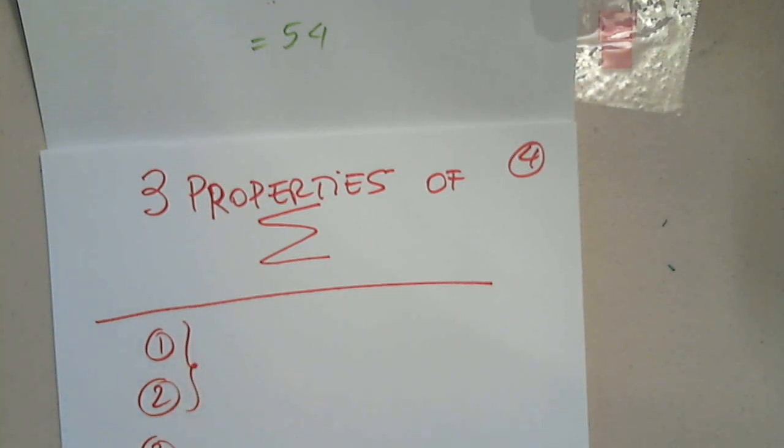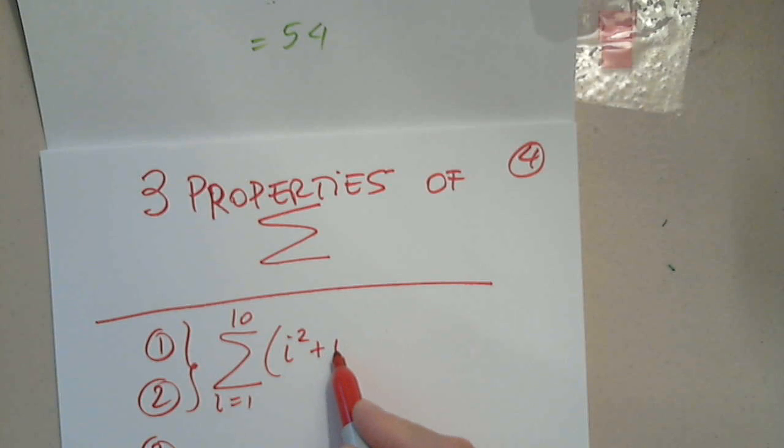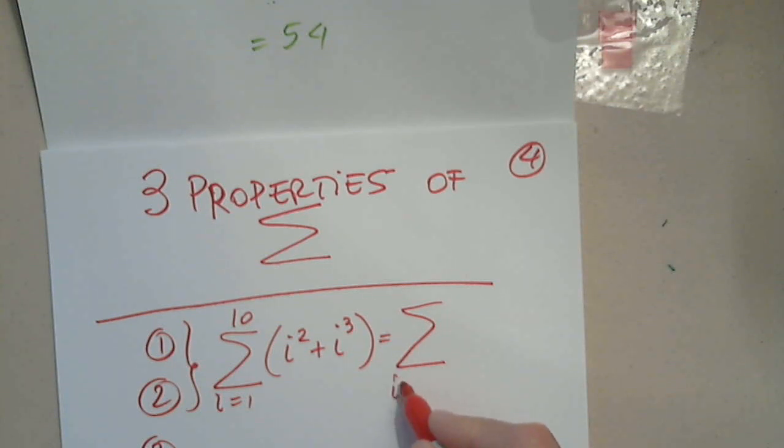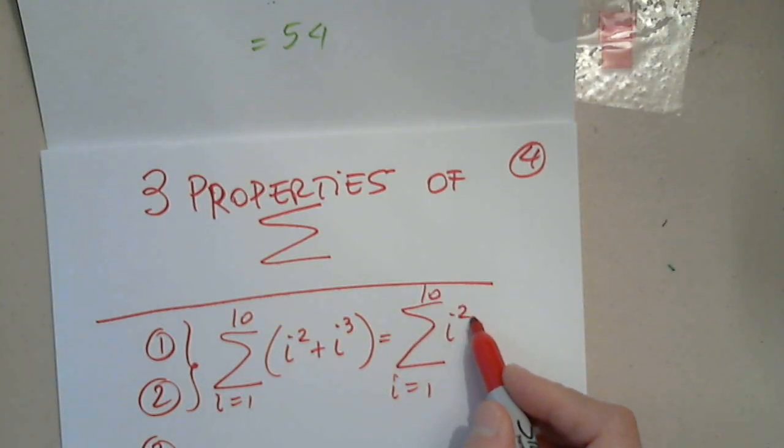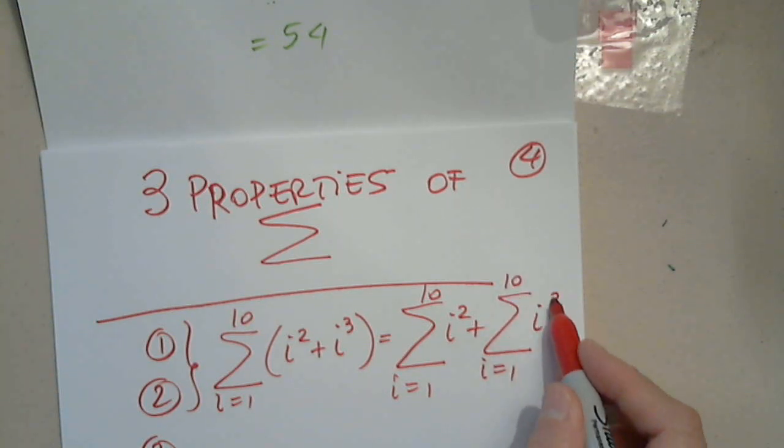I'm going to present the first two together. You'll see why. Let's say I'm just making up an example: the sum from i equals 1 through 10 of i squared plus i cubed. I can write the first term as 1 squared plus 1 cubed. The second term, 2 squared plus 2 cubed. The next term. However, I can also do this: the sum from i equals 1 through 10 of i squared plus the sum from i equals 1 through 10 of i cubed.